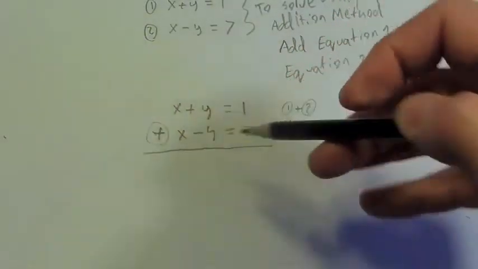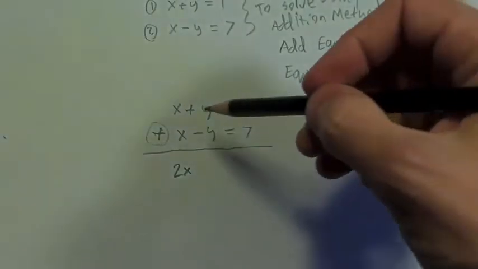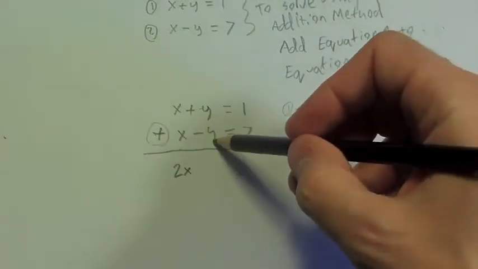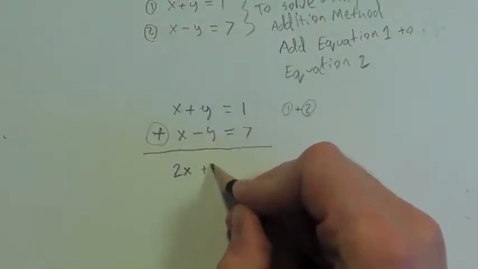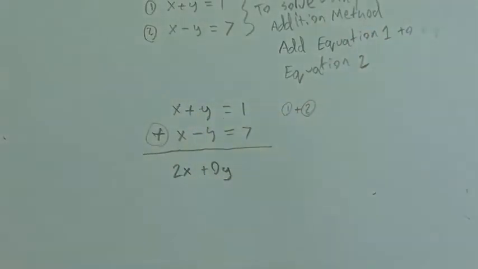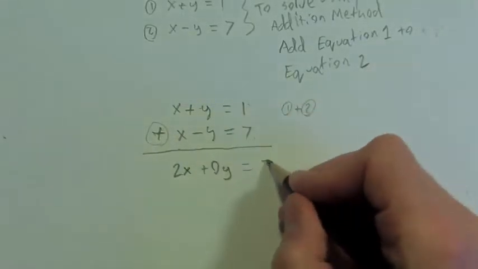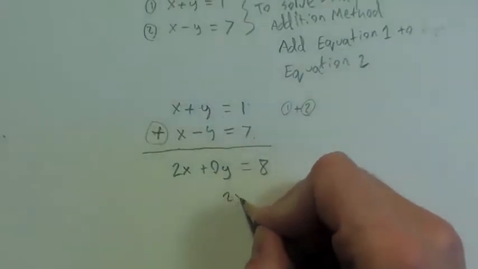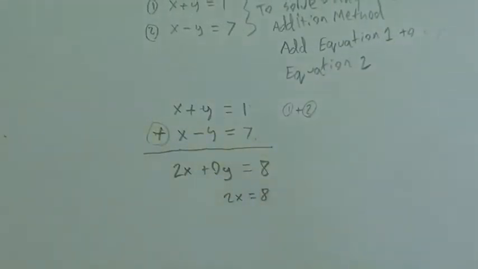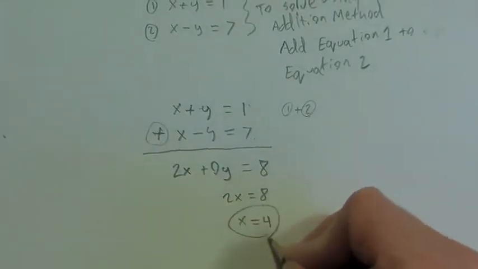Alright, so x plus x is 2x. Y plus a negative y is 0y. So I'm going to write that as 0y here, is equal to 1 plus 7. So that's 8. Okay, so I get that 2x is equal to 8. If I divide by 2, I get x is equal to 4.